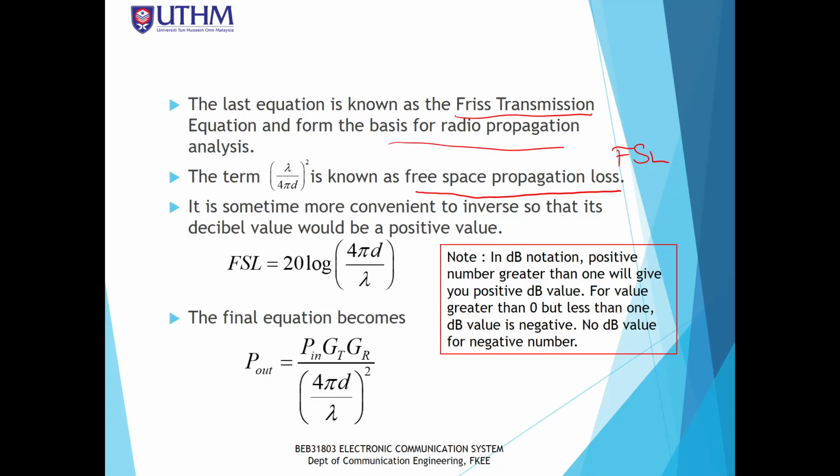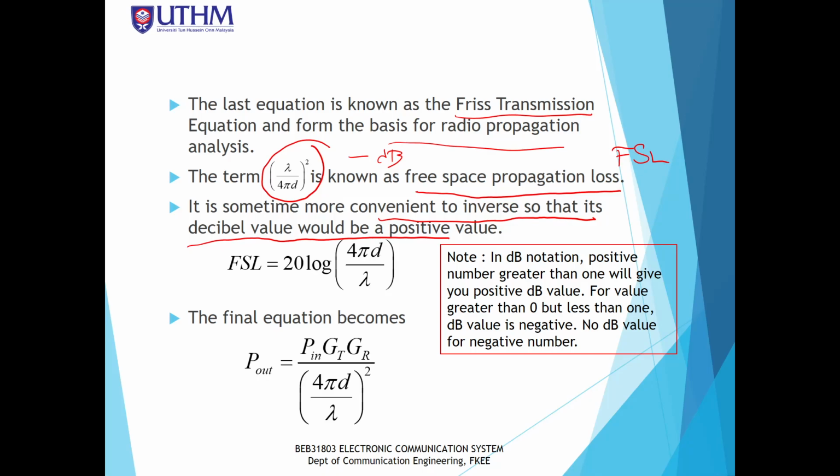So therefore, it is sometimes more convenient to invert the equation so that we get the decibel value to be positive. If you convert this FSL into decibel, you're going to get a negative value, negative dB.